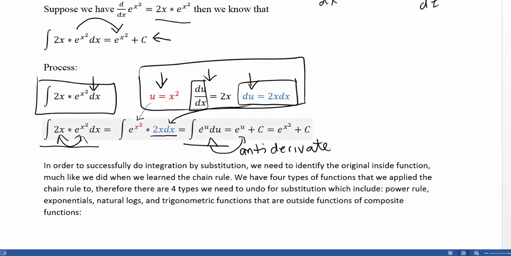And this is important because once you find the antiderivative, your integral symbol and your du disappear, because they were operators. They were telling me what to do. They said, find the antiderivative of e to the u with respect to u. So once I've done that, those two symbols are gone.